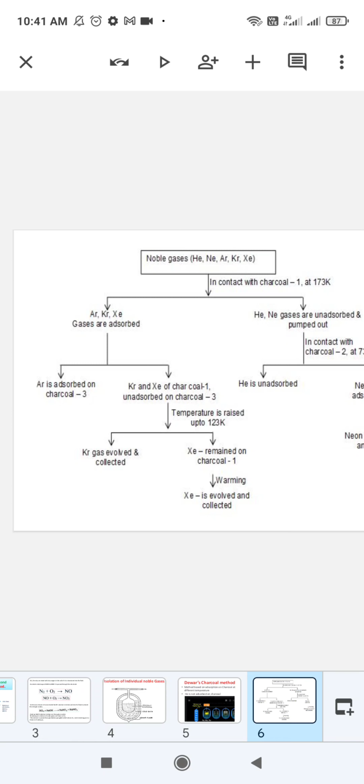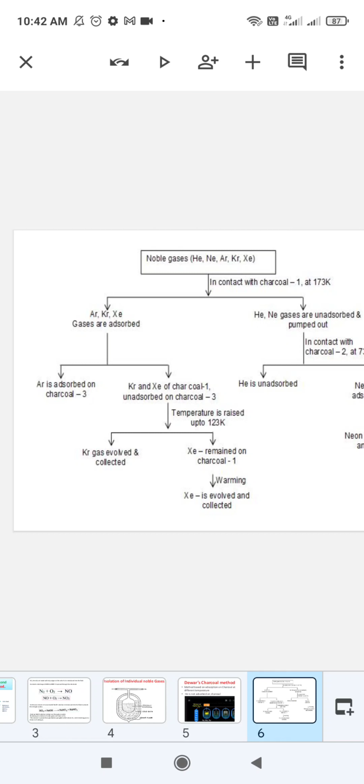Similarly, the mixture of argon, krypton and xenon adsorbed on the charcoal is again heated. If we vary the temperature, we can isolate argon first, then if we keep the temperature at 123 Kelvin, we can separate krypton, followed by xenon.